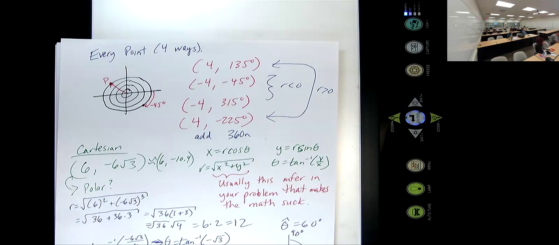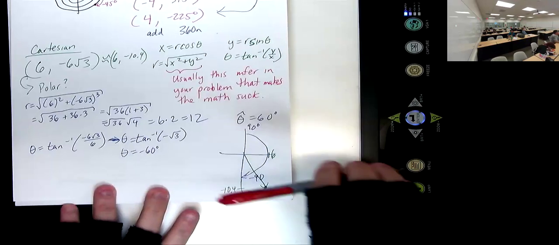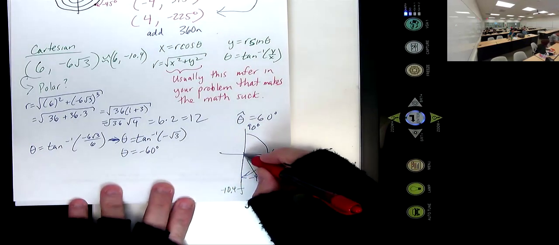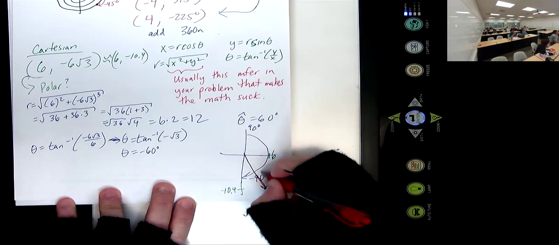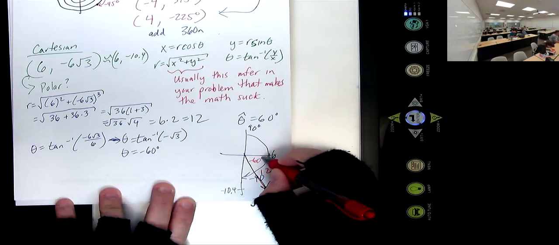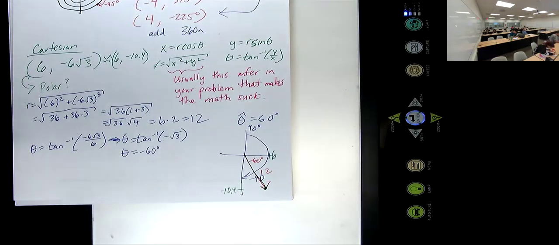Like in Cartesian, we're doing this. But in polar, we're rotating negative 60 degrees and going out 12. That's a length of 12 at negative 60 degrees. Granted, most of the time, if you already have it in x and y, sketching in x and y is easier. But that's not always true.